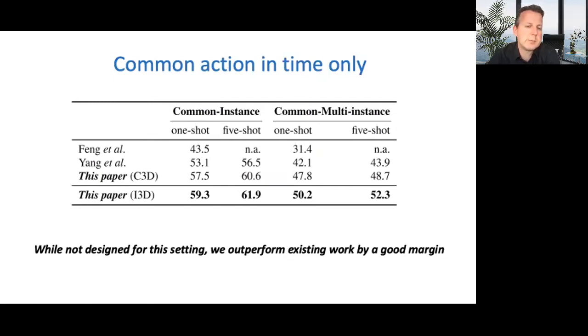And when we use the same backbone as theirs, this C3D backbone, we outperform them by a good margin, although we are not even designed for this setting. And when we replace the C3D backbone with the better I3D backbone, results improve further.